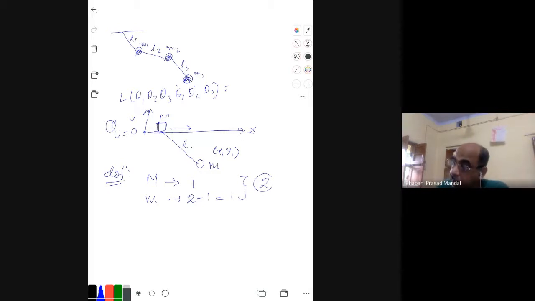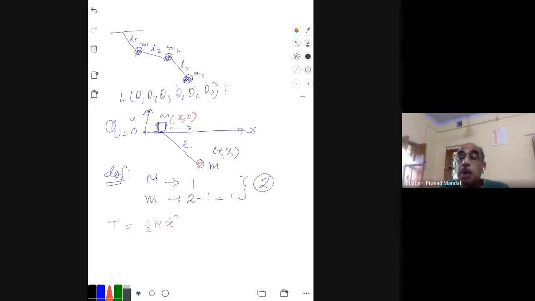So let me write the Lagrangian. At any instant of time, the coordinate of the smaller mass is x1, y1, and for the capital mass I assume x0. So my Lagrangian kinetic energy for capital M will be half M x dot square.